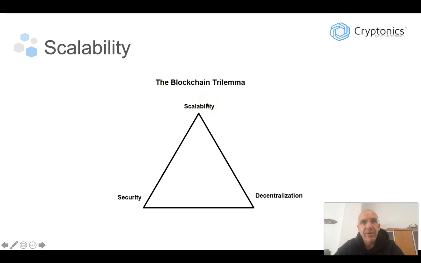We can have about 7 transactions per second on a global scale, which is almost nothing, right? So that scales particularly badly. On the other end of the scale, we have some things like EOS, which are fairly centralized, just a very small number of validators.